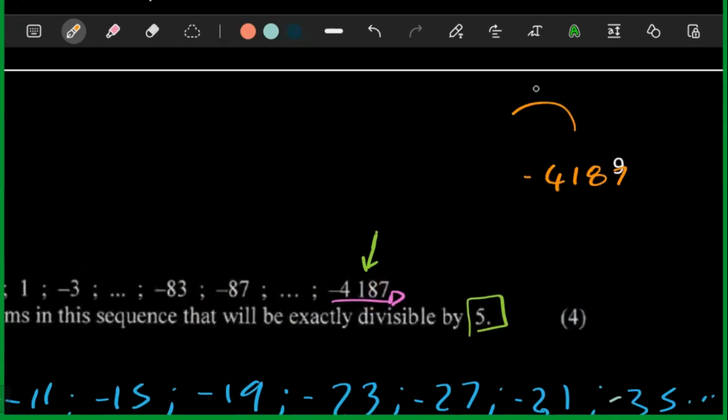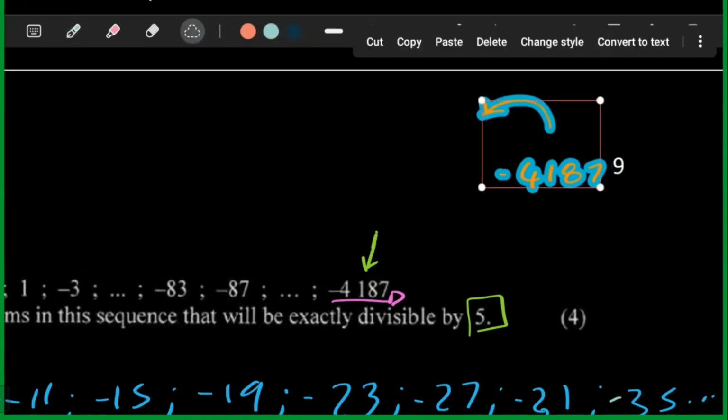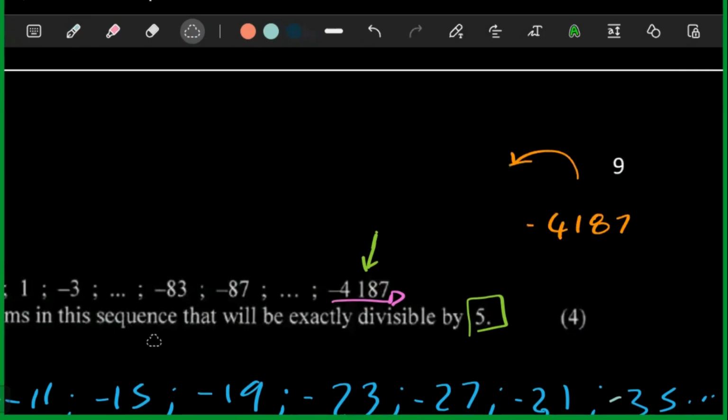You need to work your way backwards until you find the last number that is divisible by 5. So working your way backwards, you will just be adding 4 instead, because remember, going this way, you're removing 4. So if you're going to go backwards, you have to add a 4.